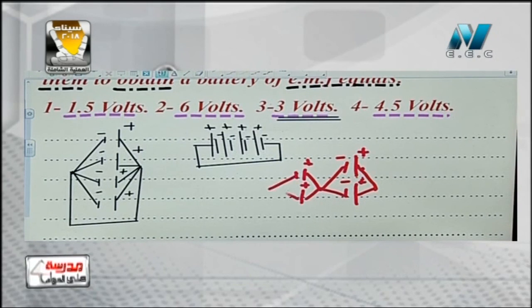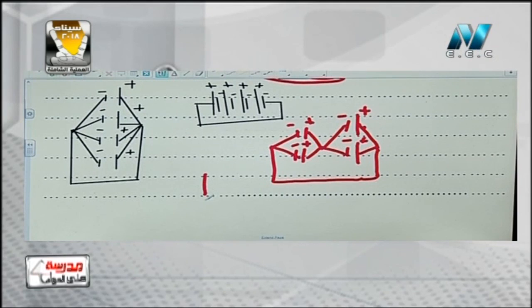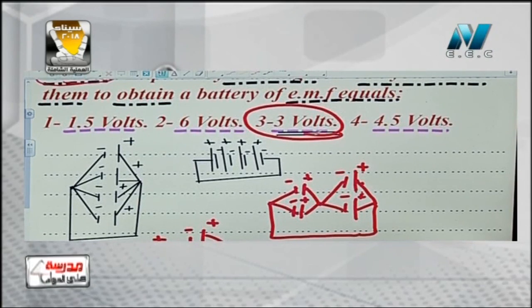The summation of these cells equals 3 volts. This is one way. Next, to obtain 3 volts again by another way, I say 3 in parallel, 1.5 volts, and 1 in series, which equals 3 volts. So the 3 volts can be obtained in two ways.